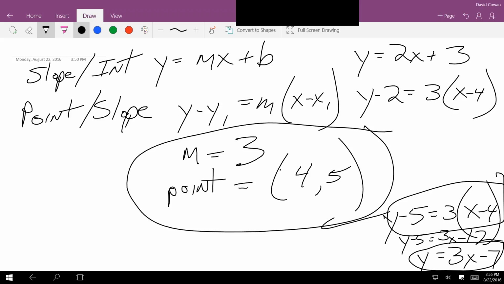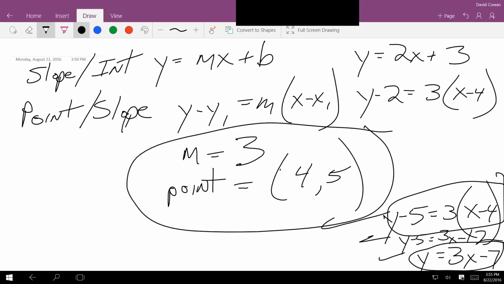So it really all depends on what they ask for. Notice that point-slope I was able to do in one step. To get it into slope-intercept, I had to do two more steps. I had to do that one and that one. And then finally I had it into y equals mx plus b format.